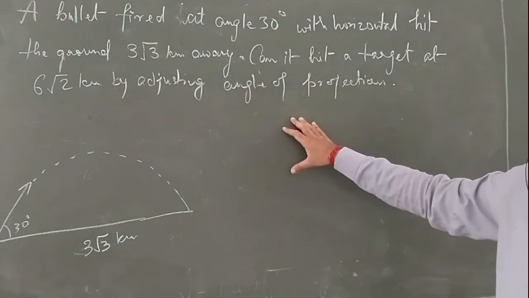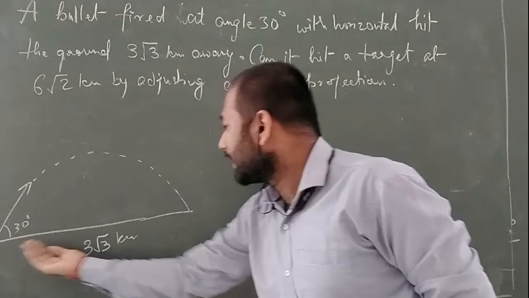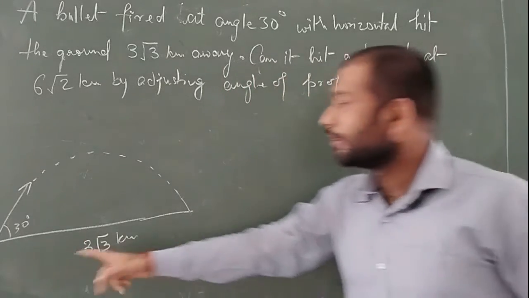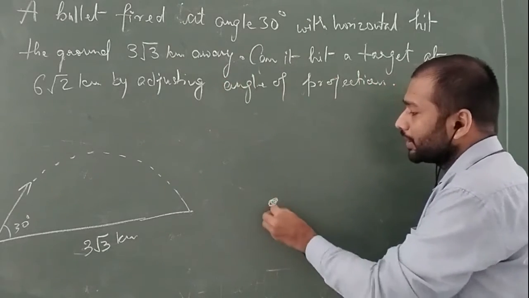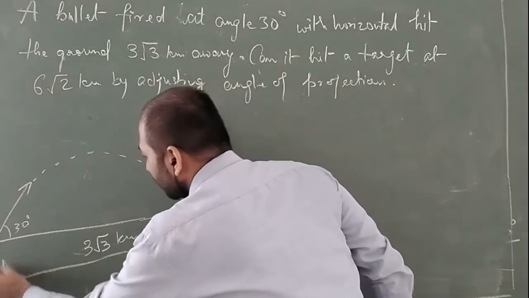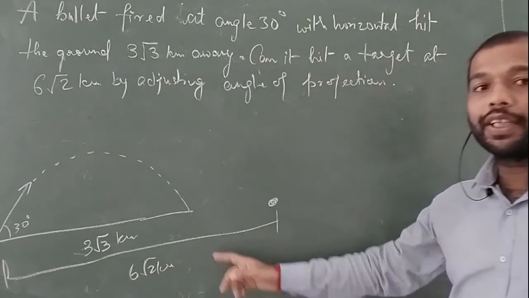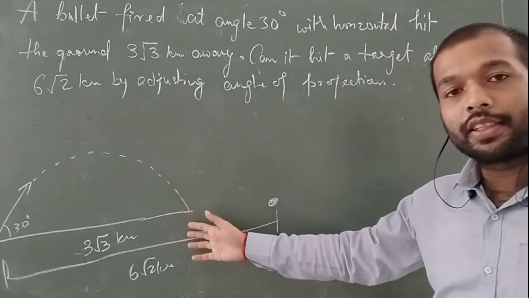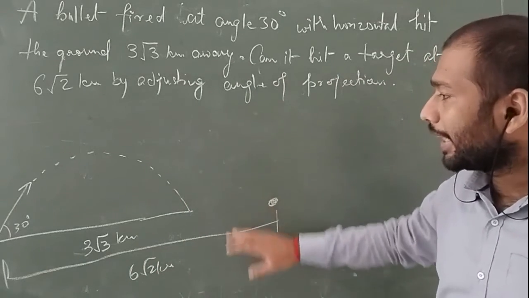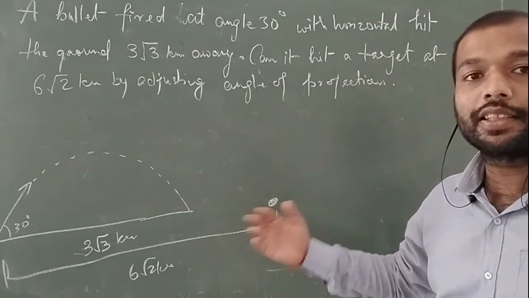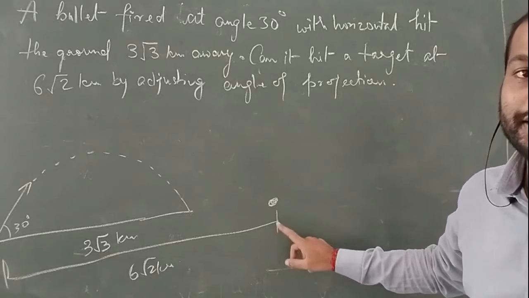What it is asking is whether it can hit the target which is exactly at 6 root 2 kilometers from this point. Let's say the target is here. You know that we can adjust the theta to increase the range. So the question is whether we can adjust theta at such an angle that it can actually hit the target or not.